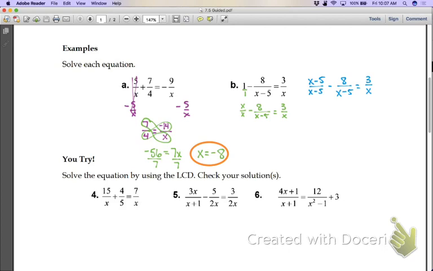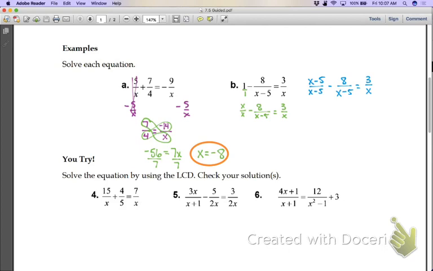If you just have a constant value, you have multiple options. It doesn't matter if you do it the green way or the blue way. For me, the blue way is probably easier just because I don't have to move anything over to the other side.